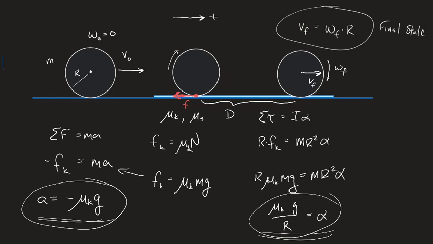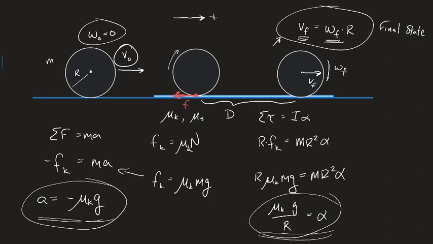To be rolling, that has to be true, right? I'm starting with this velocity, and I'm slowing down. And I'm starting with no angular velocity, and it's speeding up. To figure out how far the wheel travels while this happens is to understand that rolling begins when this equals this at the same time.